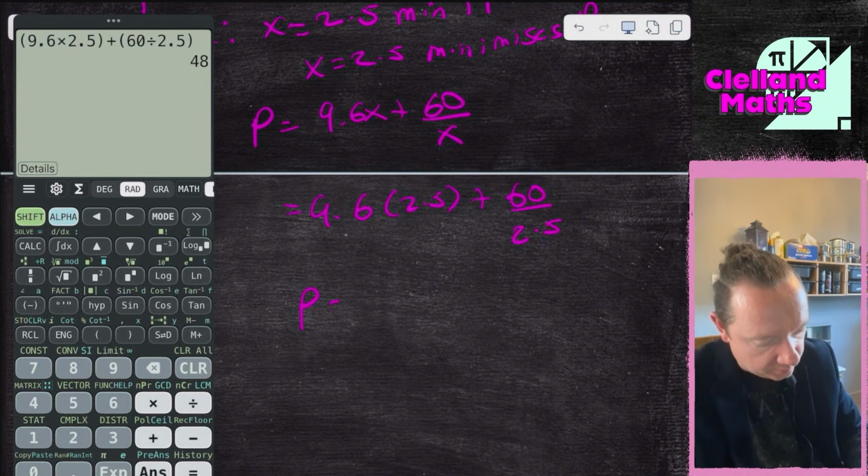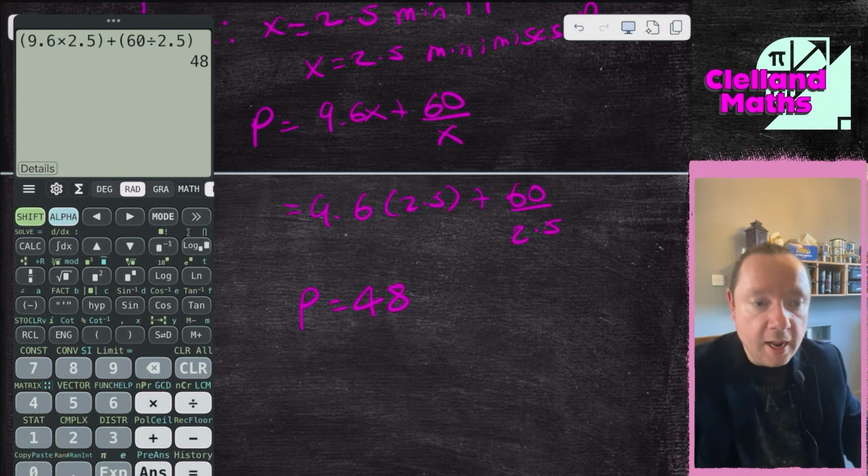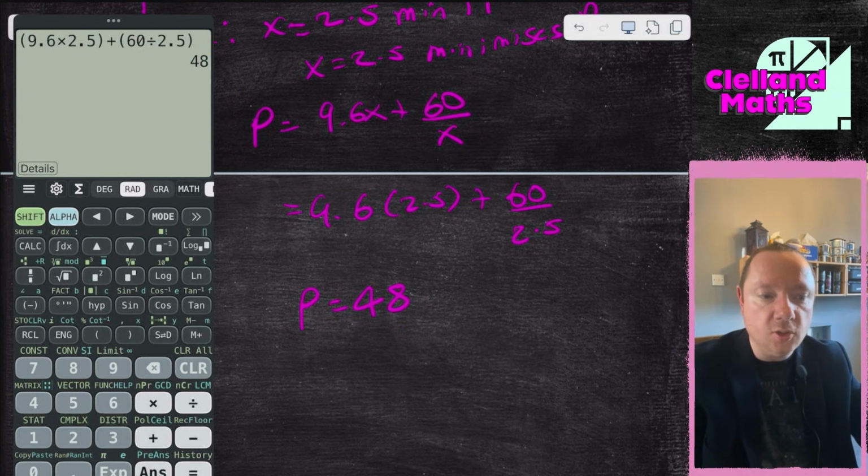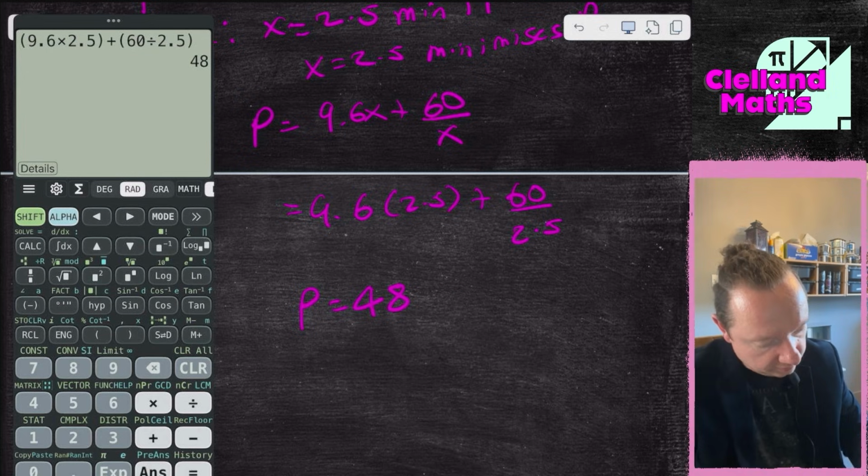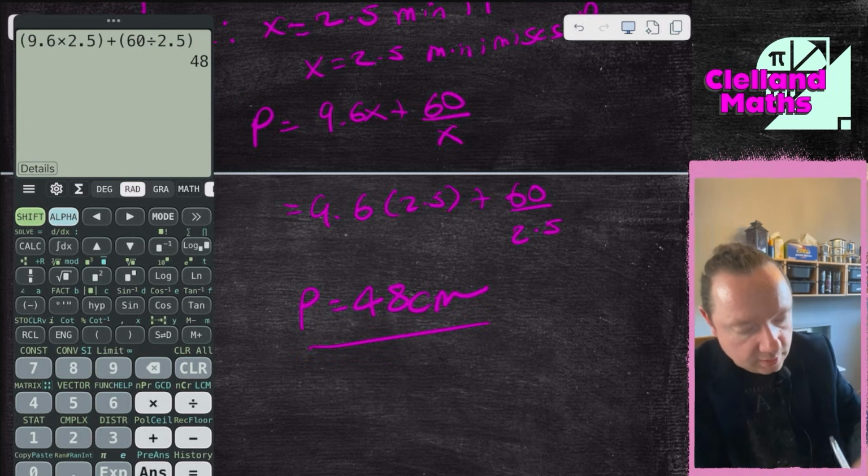So our minimized perimeter is 48. And I'm pretty sure our units were centimetres or metres. Let's have a look. Centimetres, I think. And we're done there.